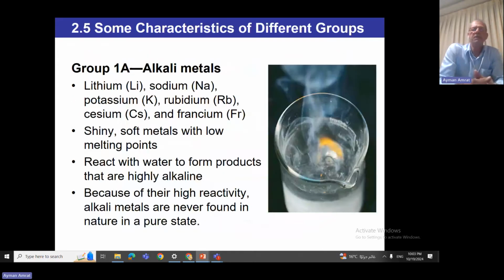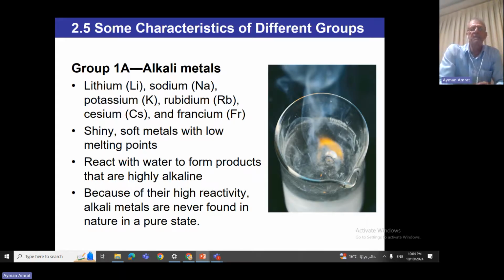Some characteristics of different groups. Group 1A, first group of many groups, is called alkali metals, starting from lithium to francium. They are shiny, soft metals with low melting points, and react with water to form products that are highly alkaline or basic solutions. Lithium and sodium react with water to form NaOH and LiOH.